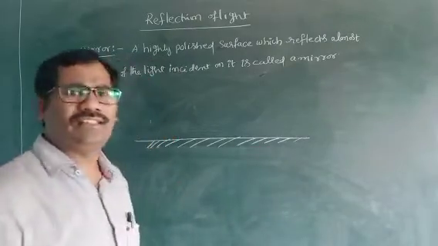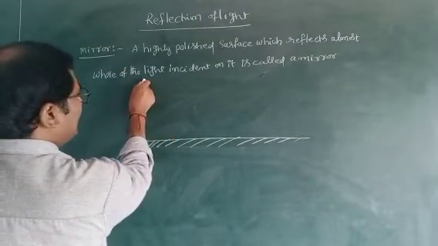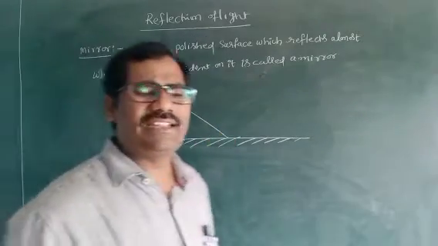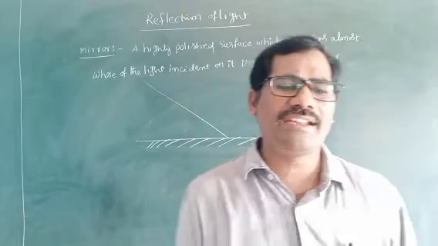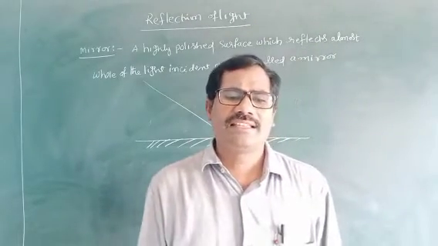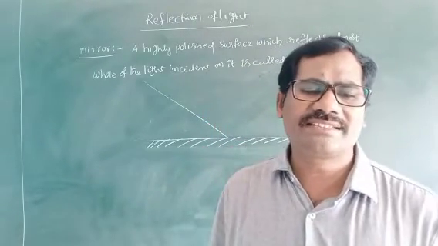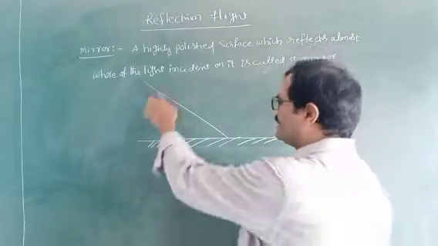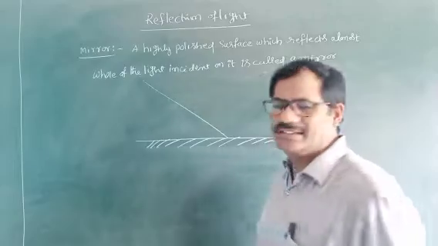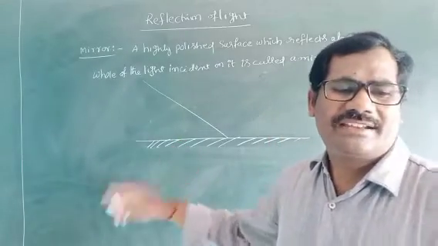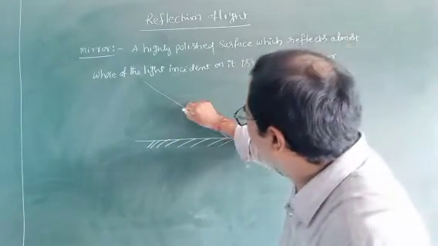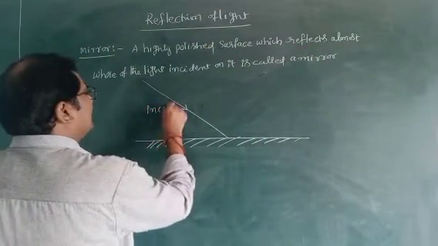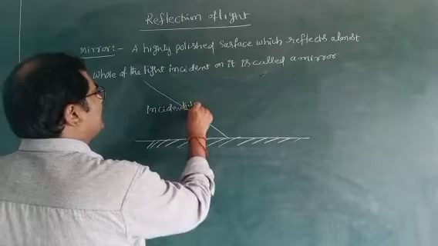When a light ray is incident on the surface, the light ray striking the reflecting surface is called the incident ray.